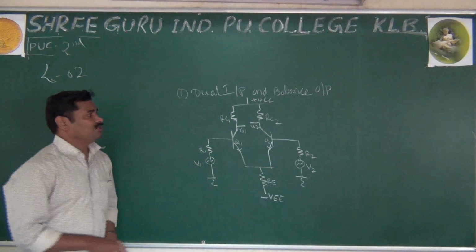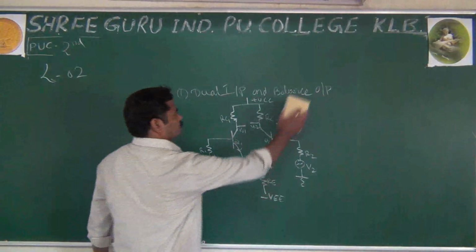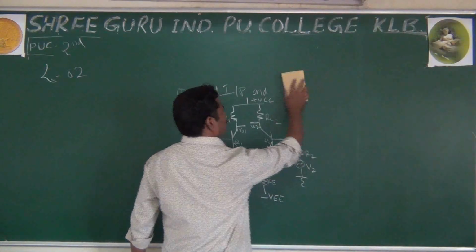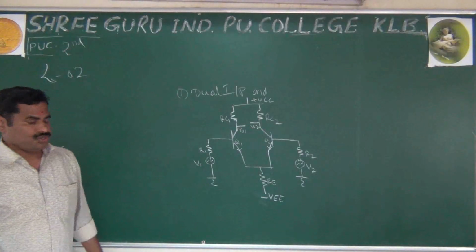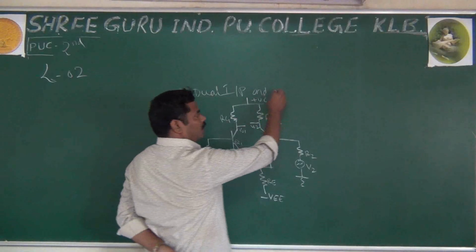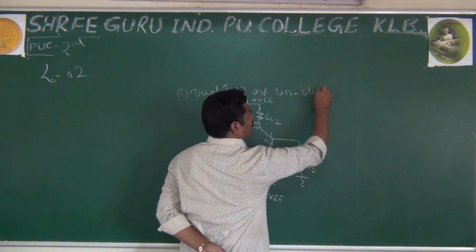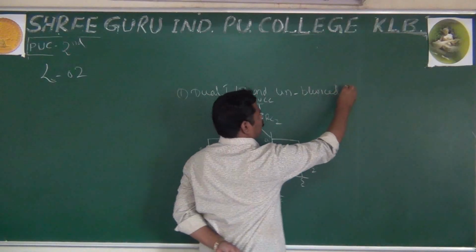And here we go for the same, with a small change. We are going for the dual input and unbalanced output.